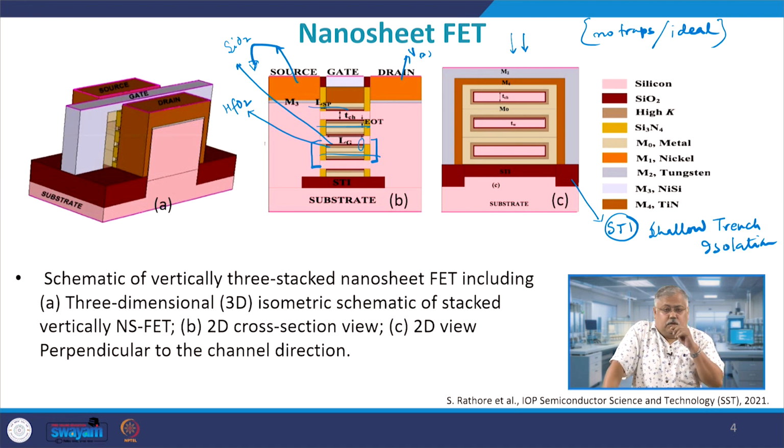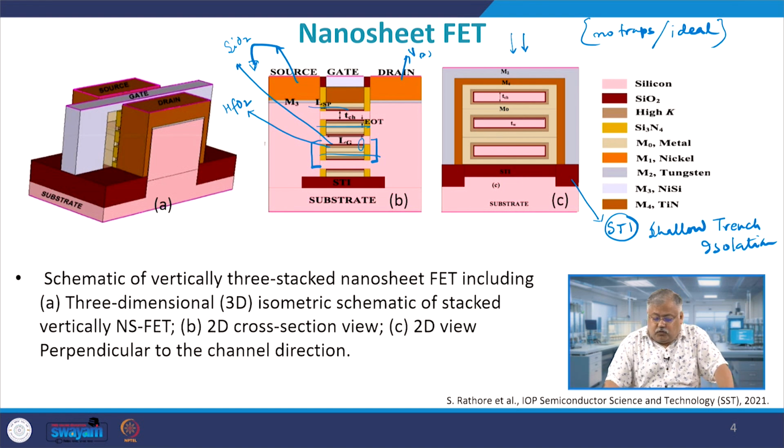In all cases you will not make a single nanosheet, right. So, on a silicon wafer you have multiple nanosheets available. However, they have to be electrically and structurally isolated from each other, so that if one nanosheet FET is in the on state, it does not allow the other to also be in the on state. So, there is less interference between the two.